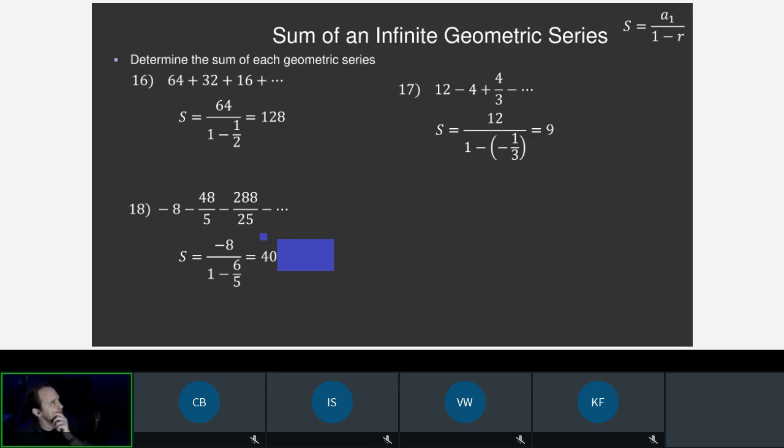Here's a question for you guys. In this problem, -8, -48/5, -288 over 25. If you notice, every number is negative. If every number is negative, how did I get a positive number for an answer? How is that possible? Let's big brain this, guys.